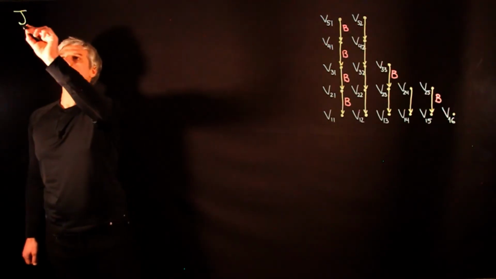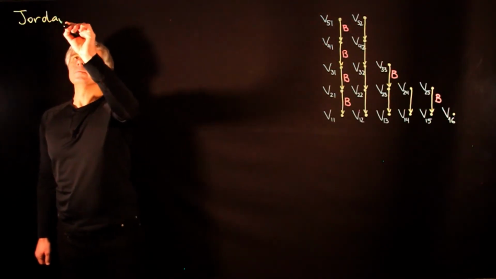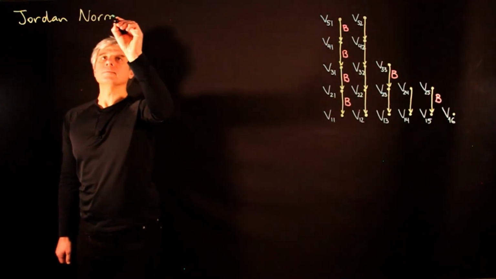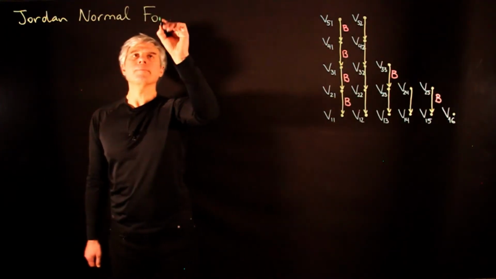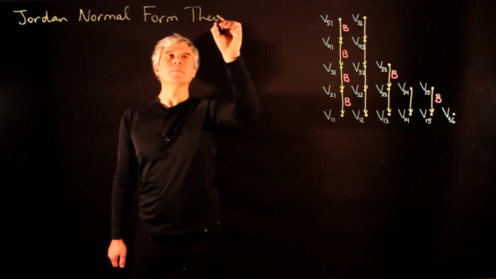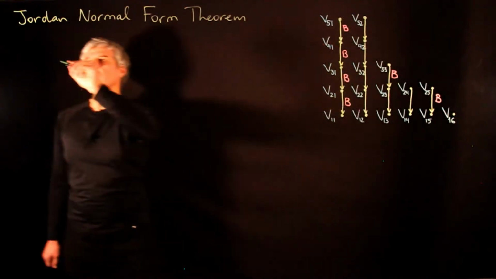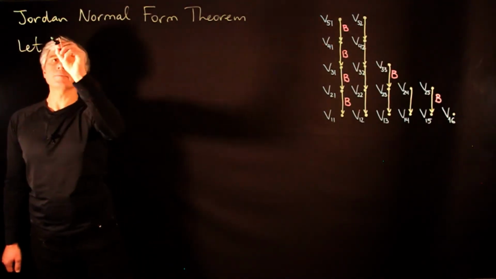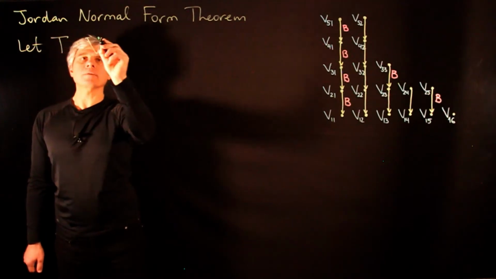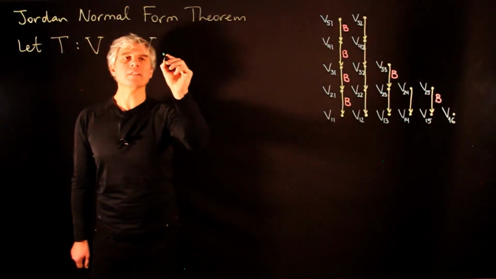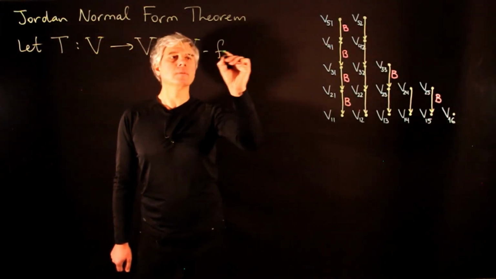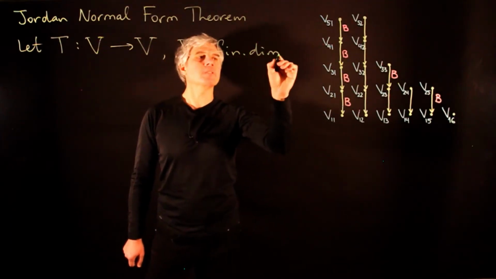So we have the Jordan Normal Form Theorem. Let T be an operator on a finite-dimensional complex vector space V.